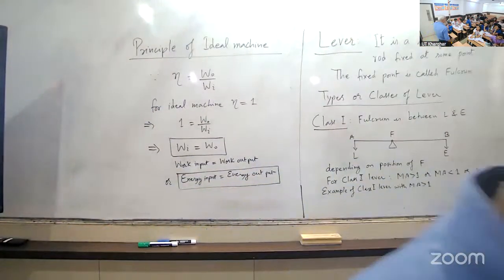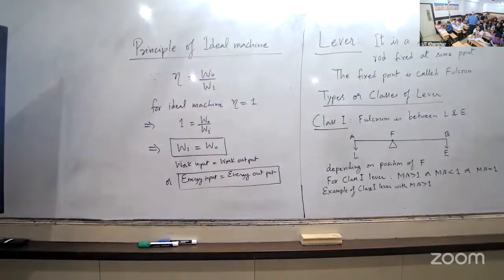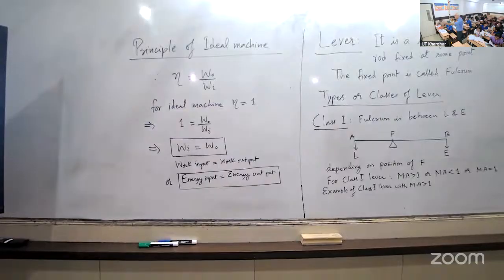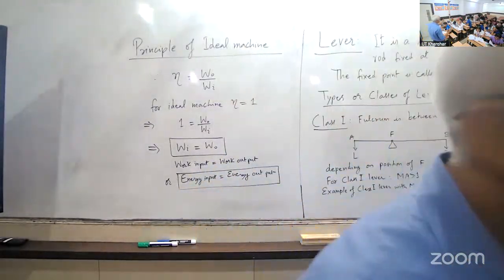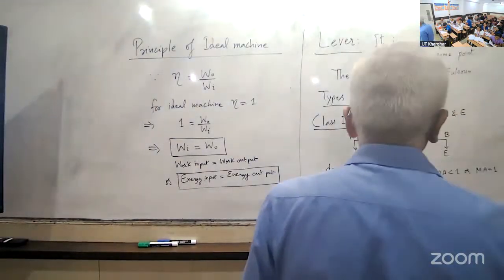Listen, how to calculate mechanical advantage. लीवर को जब हम यूज करते हैं, always the equilibrium condition will be applied. ठीक है. So at equilibrium, you will have to apply the principle of moments.